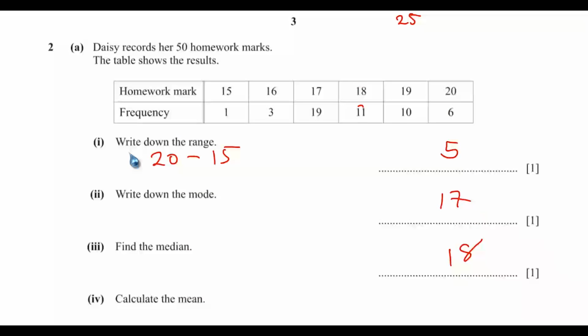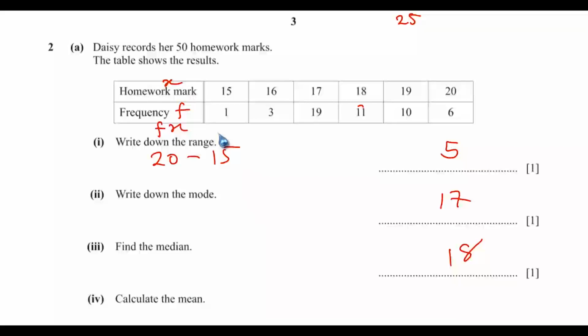To get the mean, we need to find the product of these 2 rows. If the homework mark is x and the frequency is f, the product will be fx.